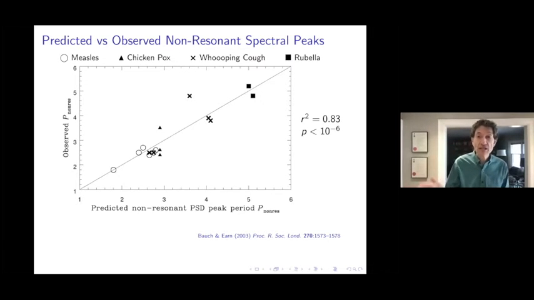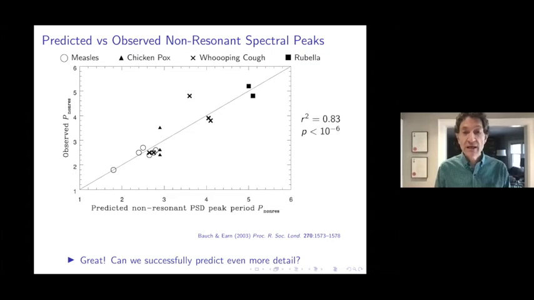That's less surprising because they're constrained to be an integer. Okay, so that's great. It seems we can do well at predicting both spectral peaks. So let's get more ambitious. Maybe we can predict even more detail. Just like a physicist who keeps trying to get to 11 decimal places. Sadly, we won't get quite there.